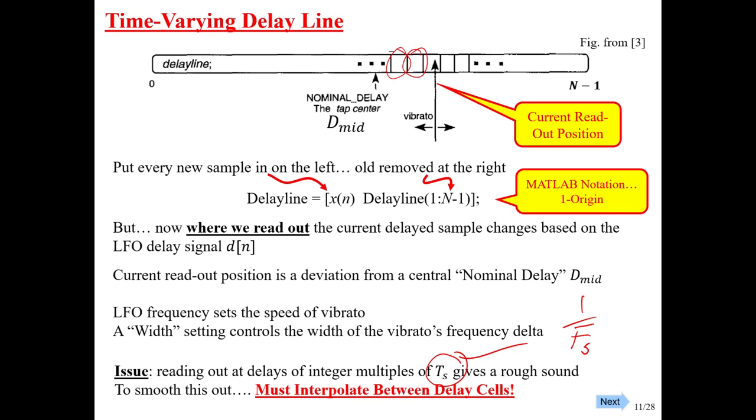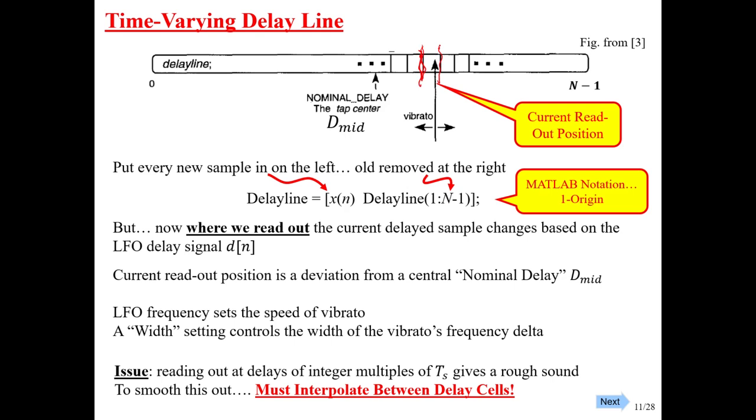And it turns out it doesn't sound good, and we'll see why in just a little bit. So that means we're going to have to interpolate between these cells. In other words, the W times the LFO signal, the amount of delay, is going to give us a value that might actually lie between two of these values.